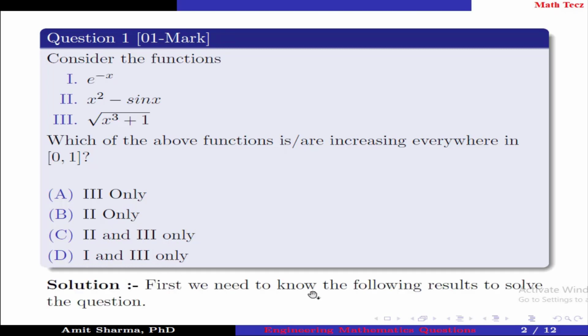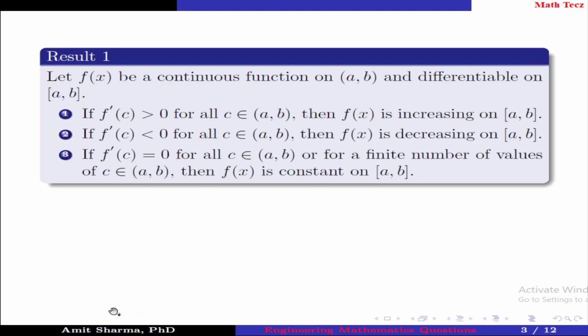First, we need to know the following results to solve the question. Result number 1. Let f(x) be a continuous function on open interval ab and differentiable on closed interval ab. First point, if f dash c is greater than 0 for all c belongs to open interval ab, then f(x) is increasing on closed interval ab.